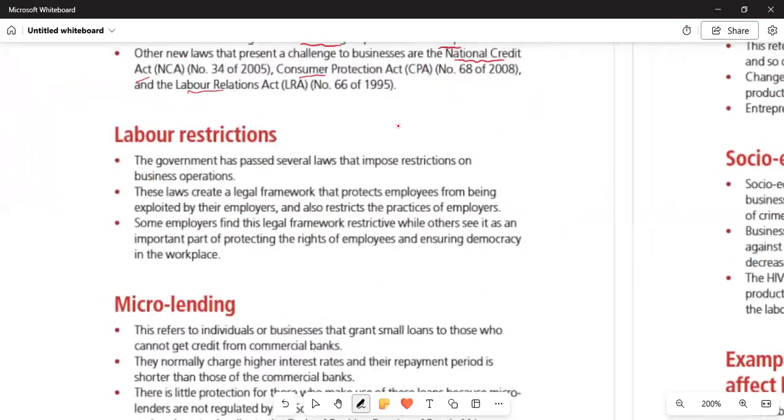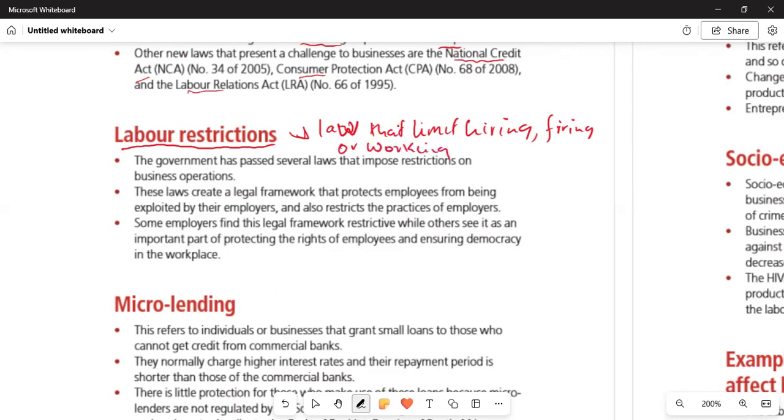So now we are on labor restrictions. When you talk of labor restrictions, you're talking about laws that limit hiring, firing, or working hours.